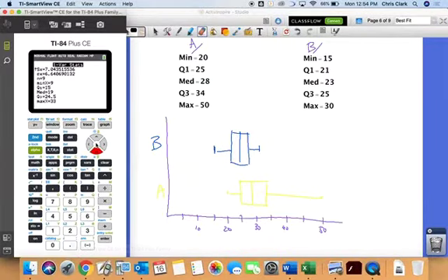If you were going to do this on the calculator, this is a different data set, so don't get this confused. But if I have second Y equals, turn my plot on, we're always going to go to the dot plot that has the dots, okay? And if I graph it, if I have outliers, they will show up.